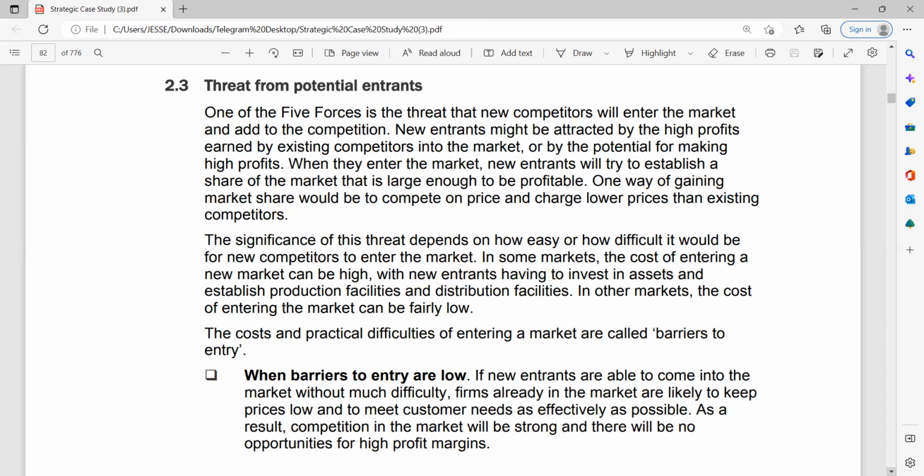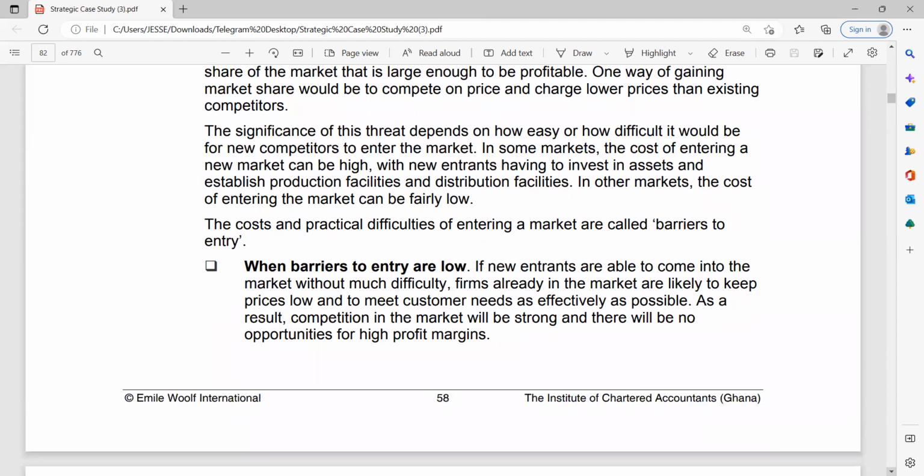But if it's just easy to enter the market, then competition will increase. That's the situation with the space-to-space business. It got to a point where everyone was doing it. The same with the mobile money business. The costs and practical difficulties of entering a market are called barriers to entry.